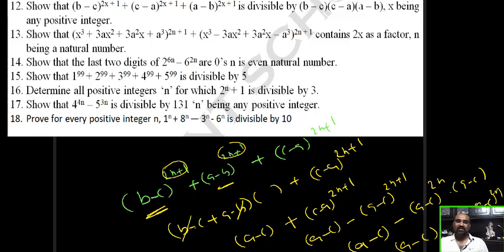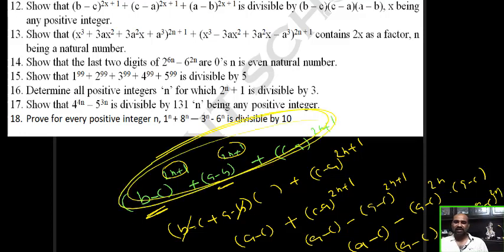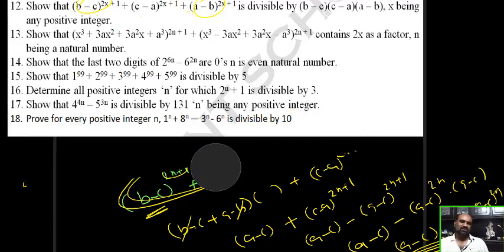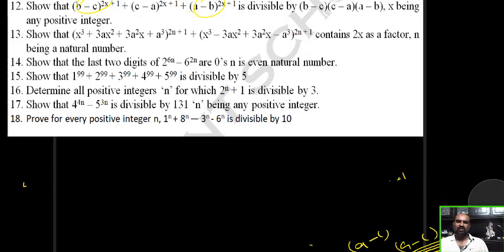So what is the meaning of that? This is divisible by a minus c. How did I get it? I grouped the first term and the last term and applied the concept that a power n plus b power n is divisible by a plus b if n is odd. Like that, if you group these two, then we will get b minus c and a minus b also as factors of that expression. So several ways you can solve the problems. This is the second way to solve the problem.